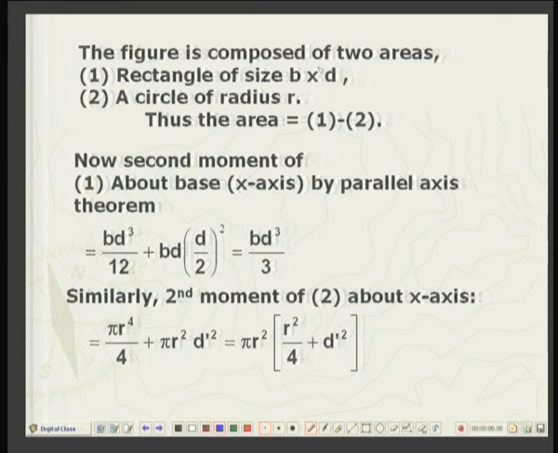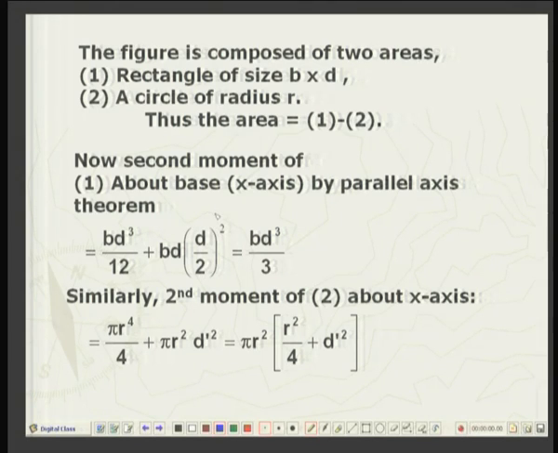And the second moment of a rectangular area we have already found out is b d cube by 12, but now we have to shift it to the base x axis. So, area into the distance of the center of the rectangle from the base, that is d by 2, square.